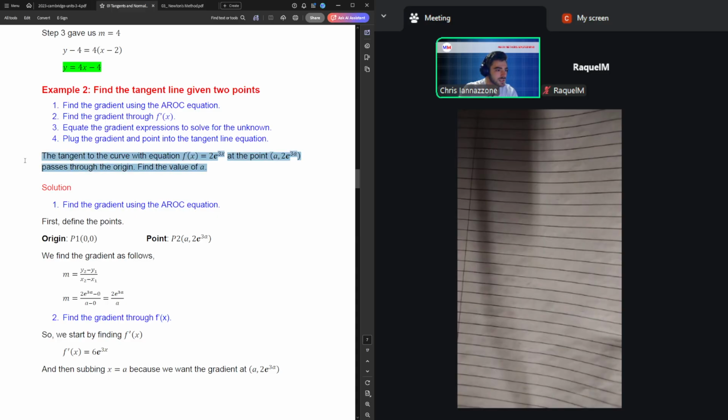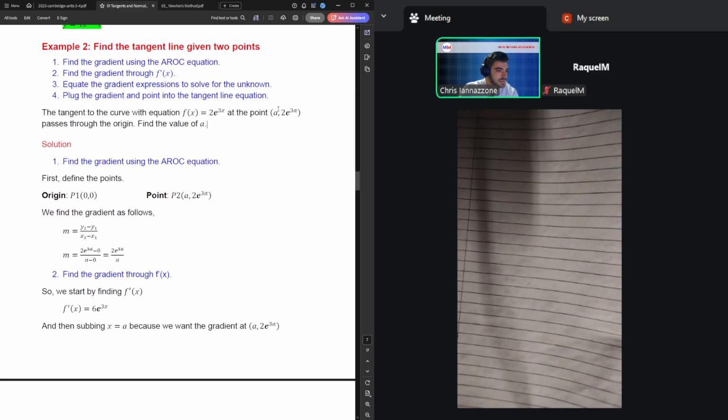So these are the kinds of examples where you now have to start doing a bit more than just f dash. In this case, what we have is a point, yes, but the point is generic. It's just some x value where x equals a, and the y value will just be replacing x with a. We're also told the tangent passes through the origin at that generic point.